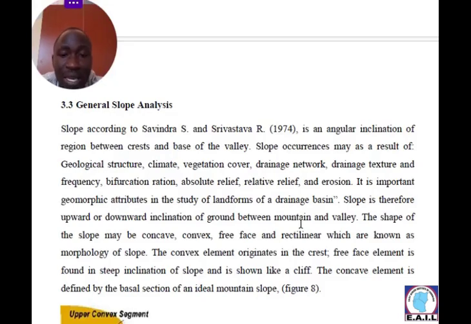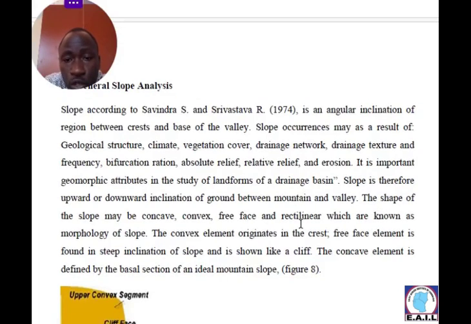We look at the climate, sometimes the vegetation, the drainage network, the drainage texture, and also the frequency, where we shall talk about the absolute relief, relative relief, and erosion.